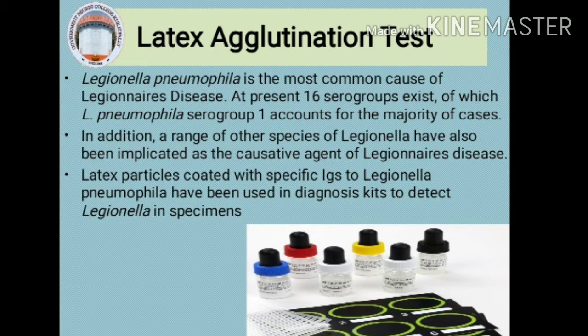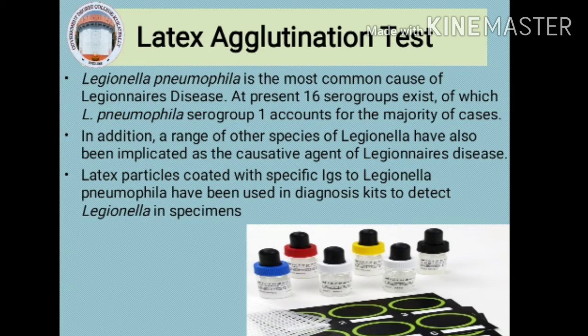Passive latex agglutination test is also used for identification of Campylobacter jejuni. Polyvalent antisera raised against Campylobacter jejuni serotypes are coated on latex particles. These latex particles coated with antibody are available.